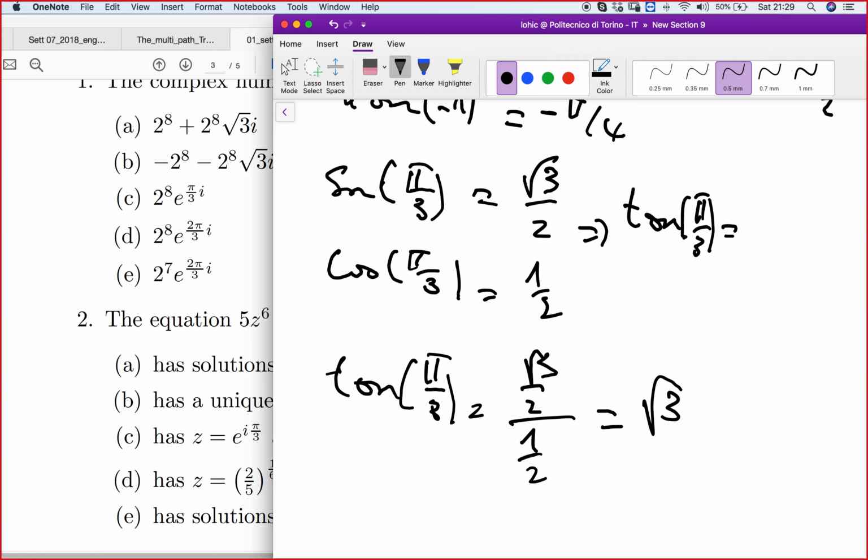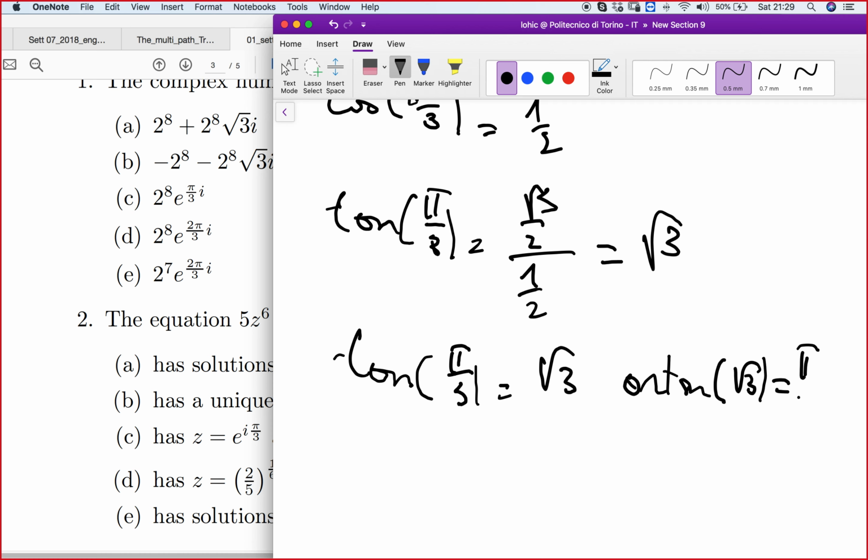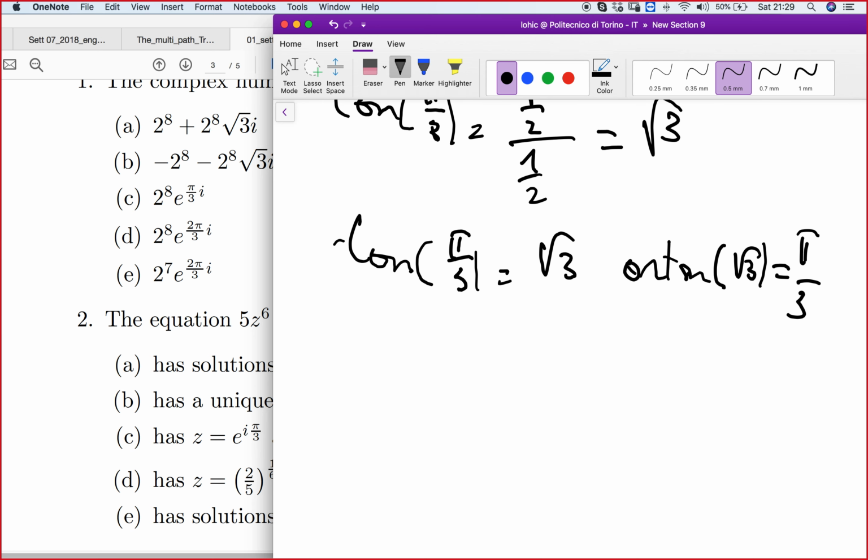So we saw that the tangent of pi over 3 is root 3. This means that the arctangent of root 3 is pi over 3. If the tangent of an angle is root 3, then the arctangent of that value will be the angle, since it is the inverse function of the tangent. Also keep in mind that the arctangent of 1 over root 3 is just pi over 6.